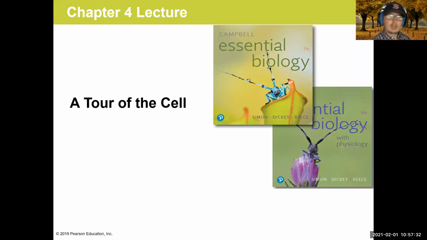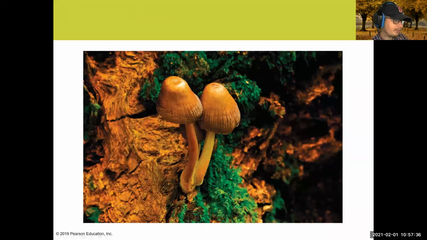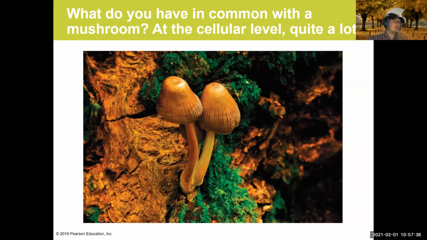So just to start out with, what do you think you have in common with a mushroom at the cellular level? Just take a minute to think about that. Hopefully after taking a few minutes to think about it, you see that at the cellular level it's actually quite a lot.